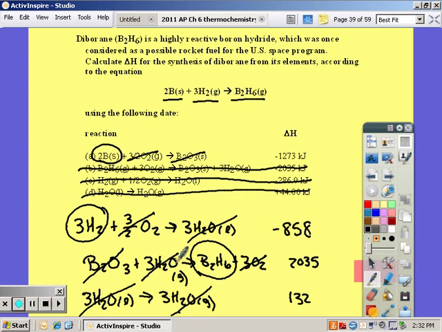And so our delta H is the sum of those 4 numbers. Make sure that if you started with 4 equations that you add up 4 numbers at the end. Not 5, not 3. And you get 36 kilojoules. So this is an endothermic reaction.